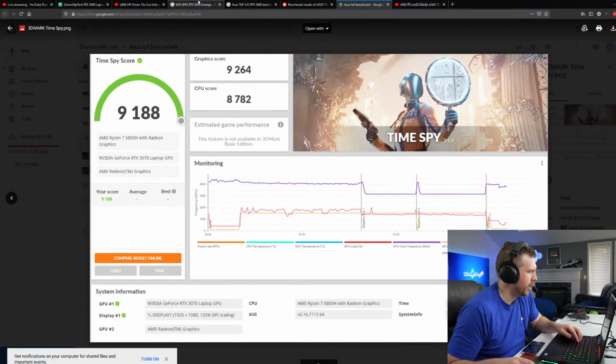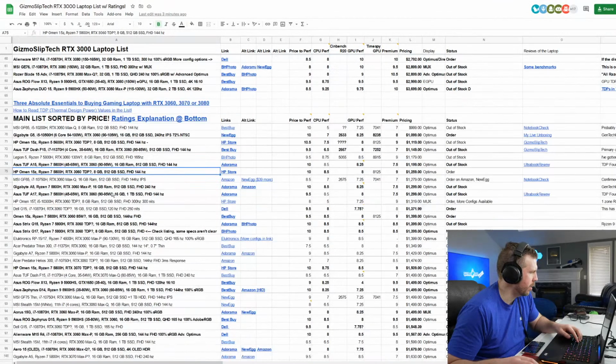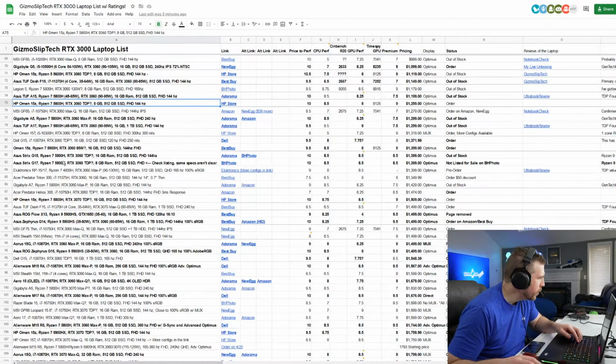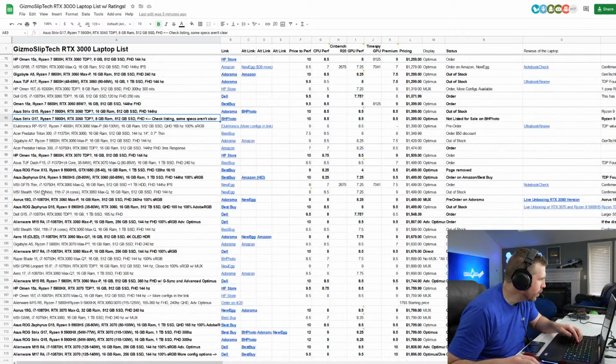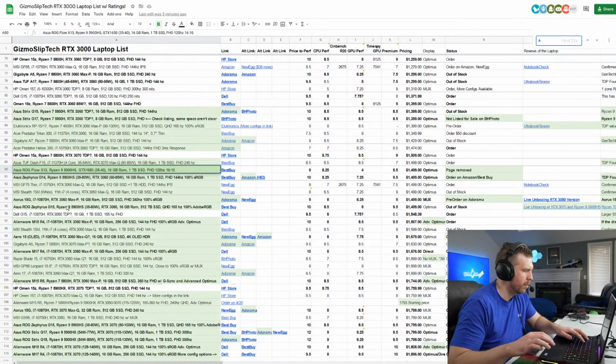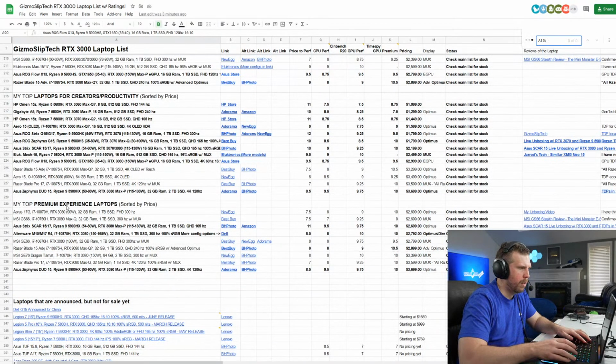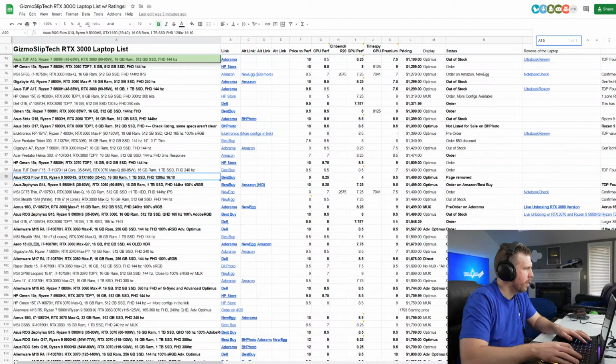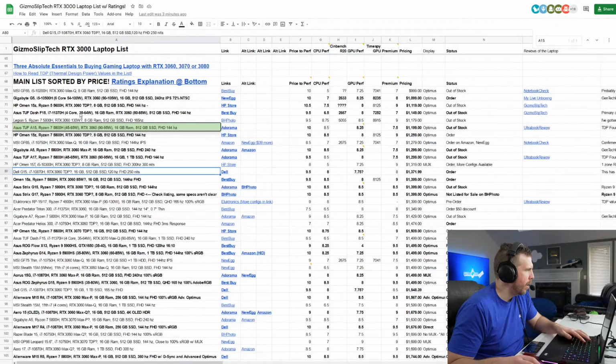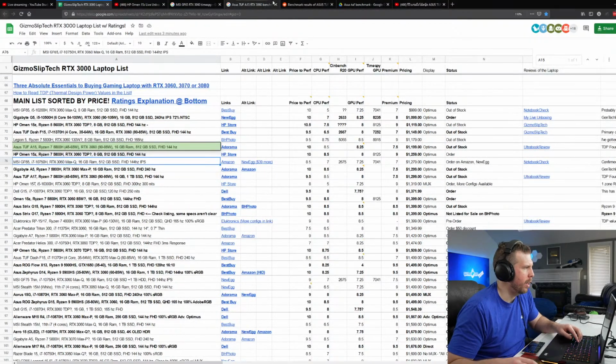Oh, this is a 3070 Asus TUF, so this is not the right one. Do we have an Asus TUF A15 even in here that's a 3070? I haven't seen that listed for sale, at least not in the United States.